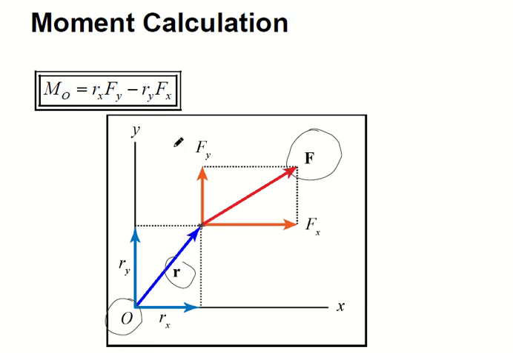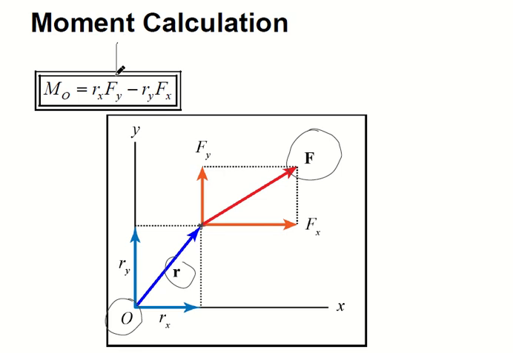In this case, we can break it down, right? Break the position and the force into x and y components: x and y components of the force, and x and y components of the position. So we have Ry and Rx, Fx and Fy.